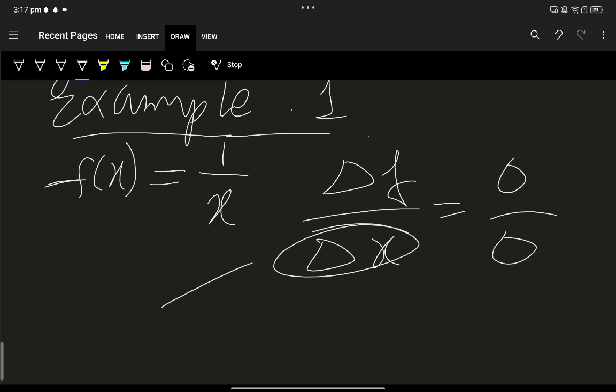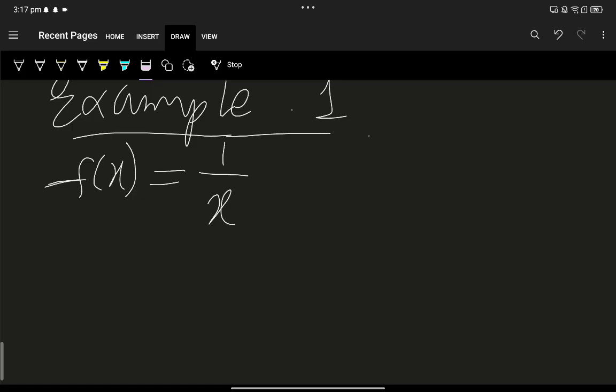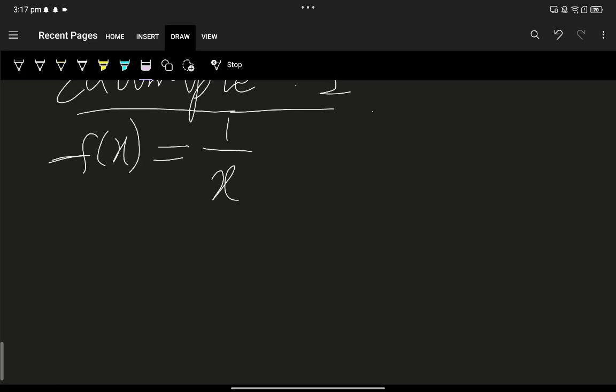You will always need to do some cancellation to get the answer. You can't directly put delta x as 0. So let's do the example, it's interesting.